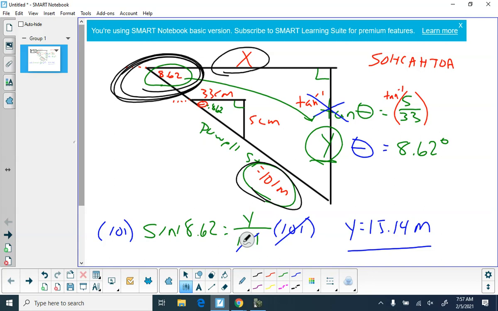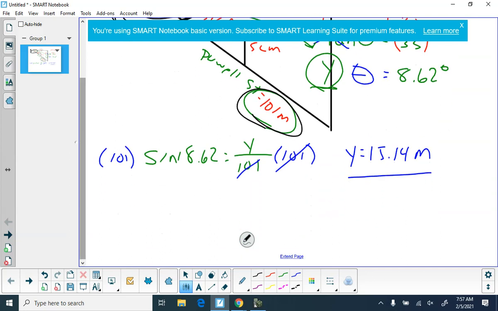Then check your answer with somebody around you. Amber, what trig ratio did you use?